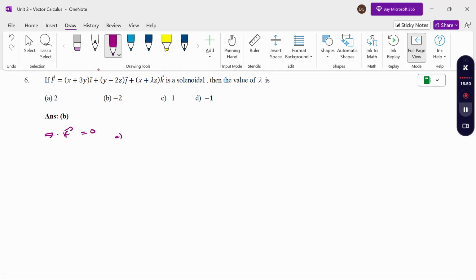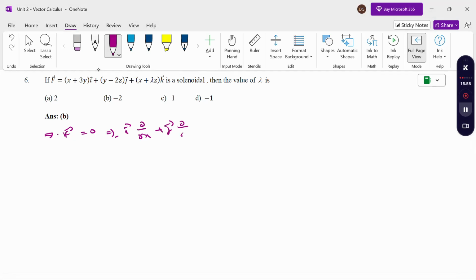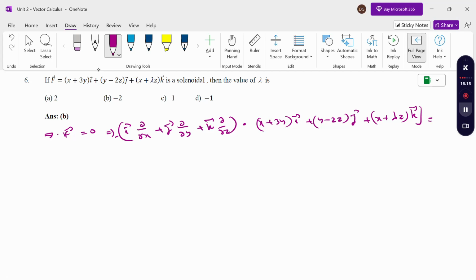Therefore del is i ∂/∂x plus j ∂/∂y plus k ∂/∂z dot f vector, (x + 3y) i vector, (y − 2z) j vector, (x + λz) k vector, equal to 0.